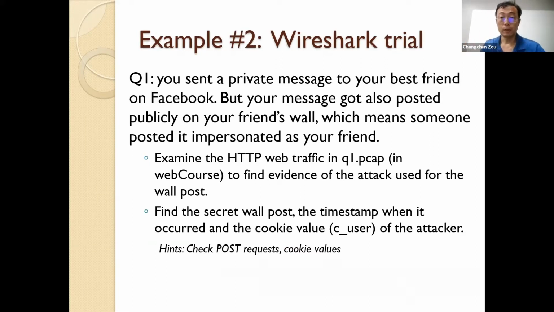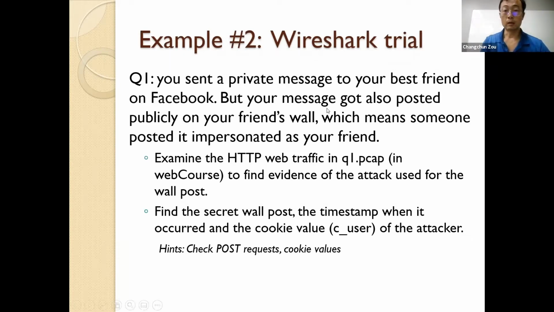So first, you use this Q1.pcap. This traffic trace captures unencrypted Facebook traffic. In the old days, Facebook still had an unencrypted channel available for users. Of course, right now you cannot log into Facebook without HTTPS anymore.